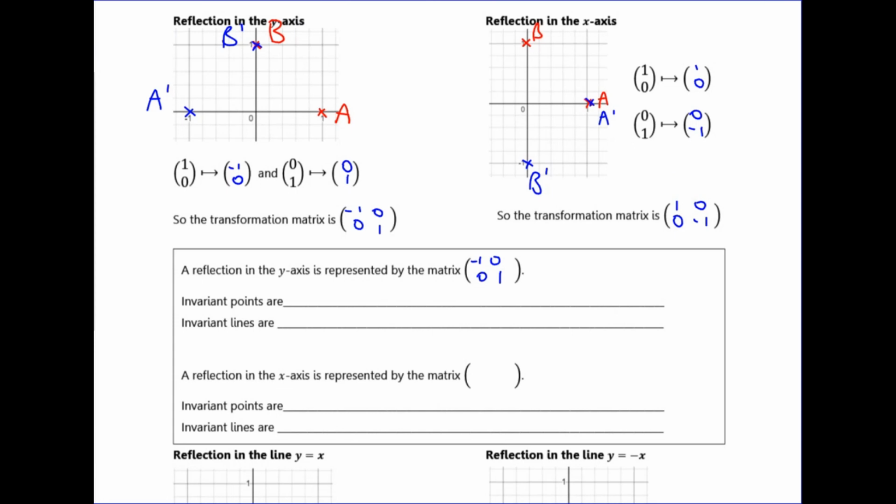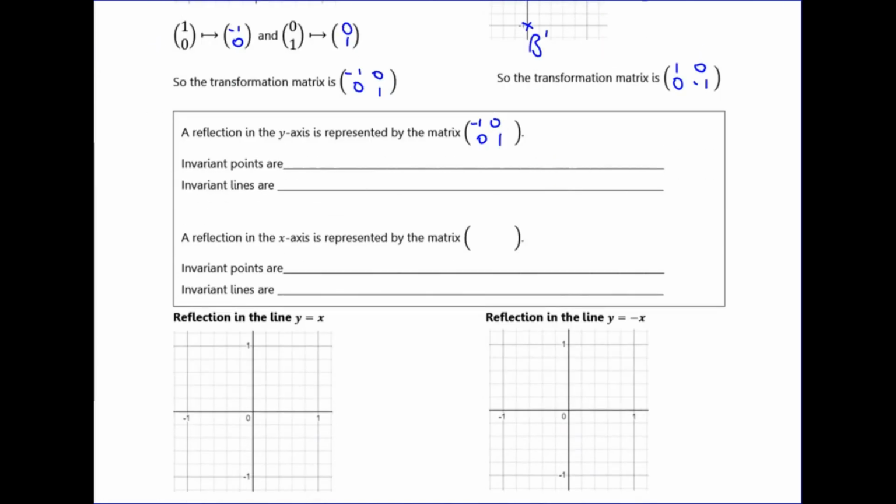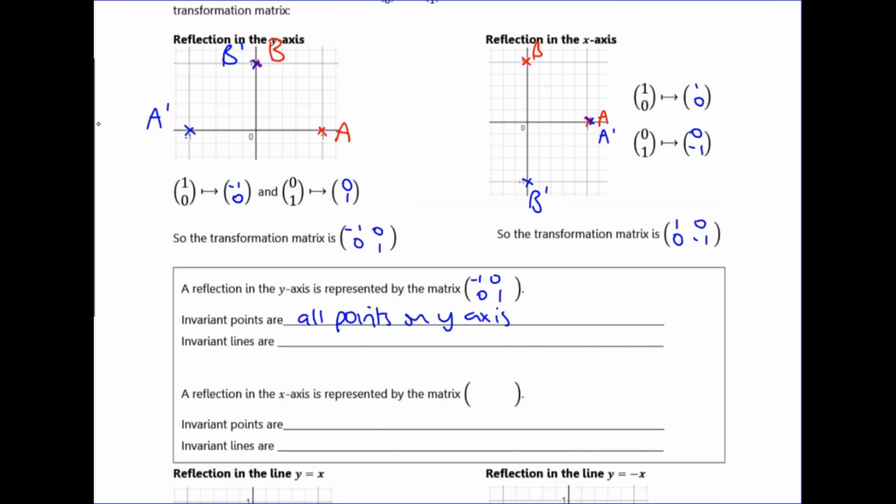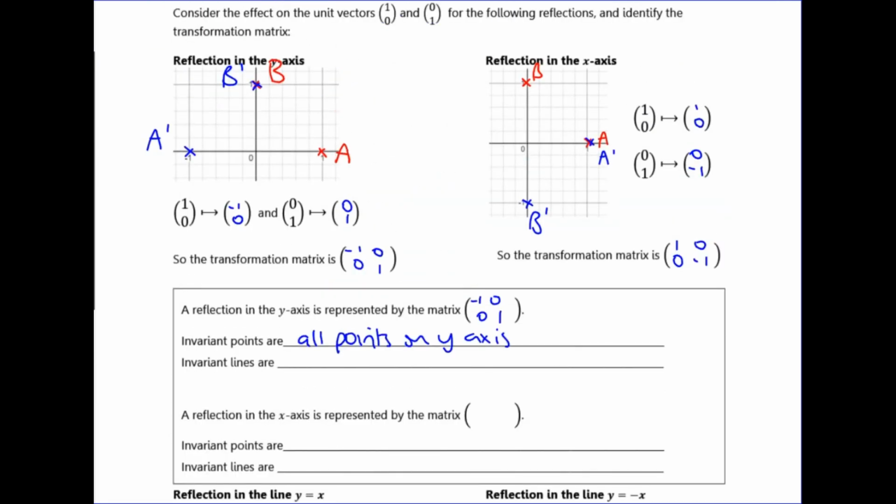So for reflection in the y-axis, any point that's on the y-axis isn't moved by the transformation, it stays where it is. So that's an invariant point. The invariant points are all points on the y-axis. Any other point would get reflected across. Anything over here, anything over there.